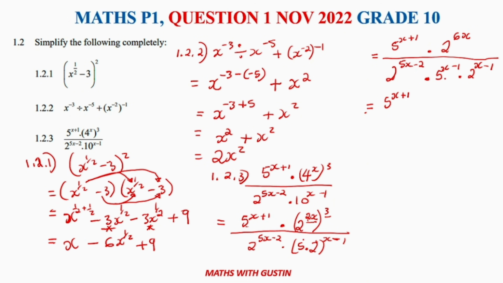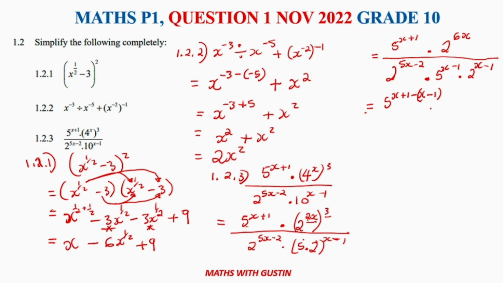So what we do, if the bases are the same and we are dividing, we subtract the exponents: x plus 1 minus x minus 1, in brackets, multiplied by 2 to the power of x, all over. All right, excuse me guys, here is not all over. It's not all over. Let me just remove this.